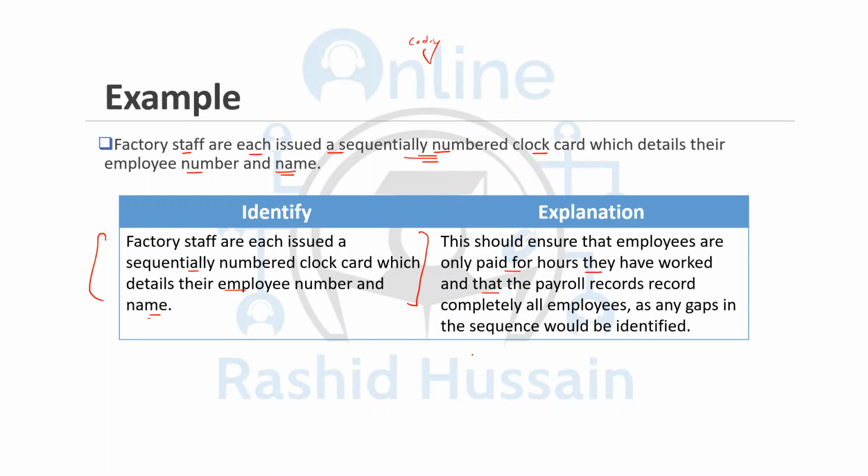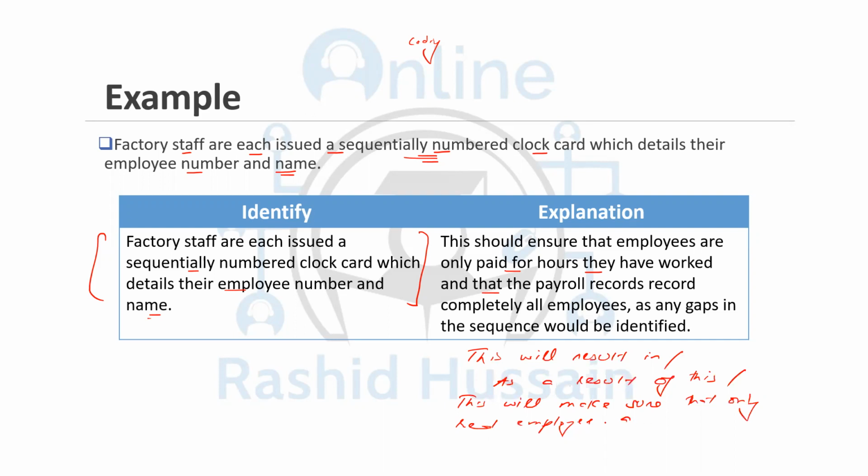And you can also say, this will result in, or as a result of this, or you can say, this will make sure that only real employees are being paid, because there is a risk of fictitious, ghost and bogus employees, that sometimes the managers and supervisors may set up bogus and fictitious employees to get the payment in their own pockets.